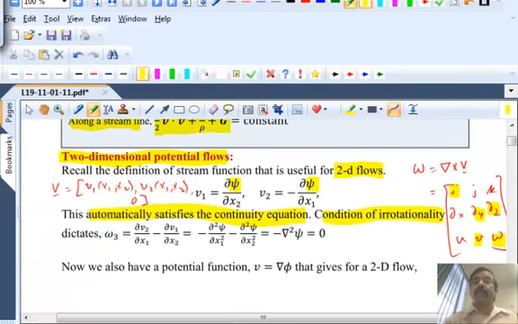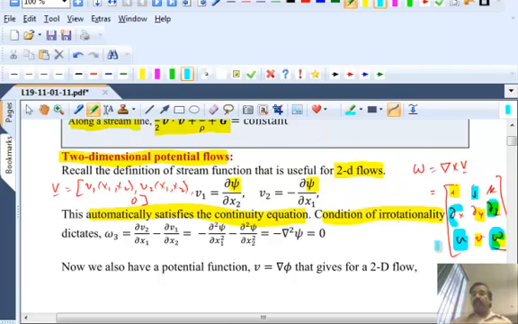What about the second one, the j component? I cross multiply again, so the second vorticity component, omega 2, would be d/dx of w, and w again is 0, minus d/dz of u, and again u is not a function of z.